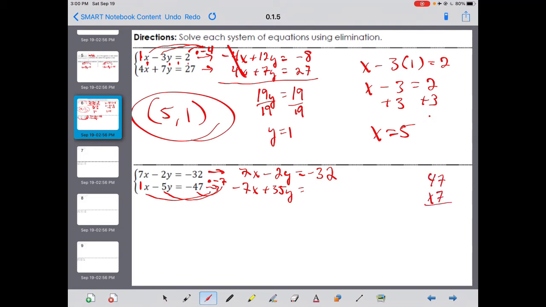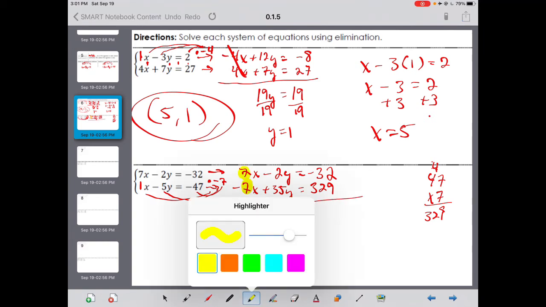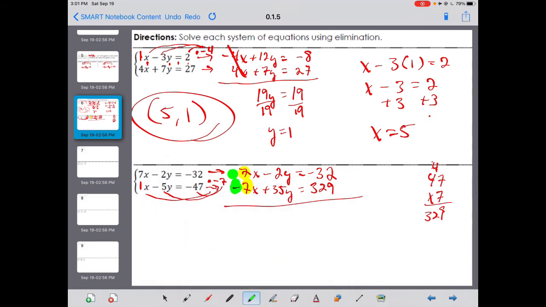So 47 times 7. 7 times 7 is 49, 28, 29, 30, 31, 32. 329. Now that we've got y's that have the same coefficient but different signs, we're going to add down. 7x and negative 7x cancels. Negative 2y and 35y makes 33y.